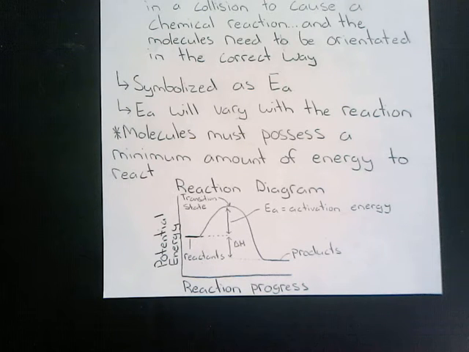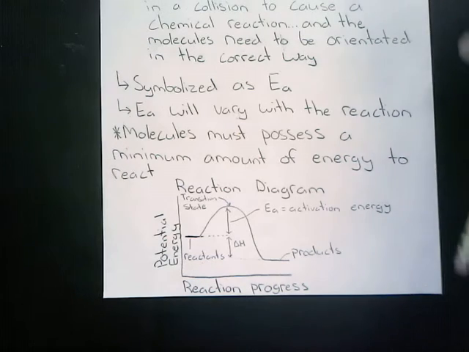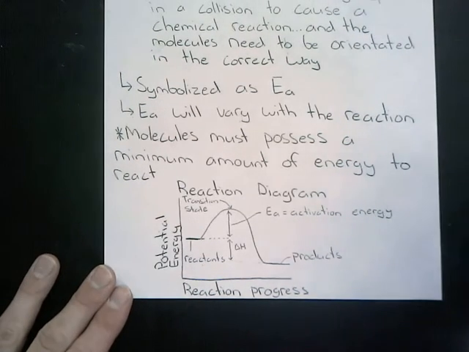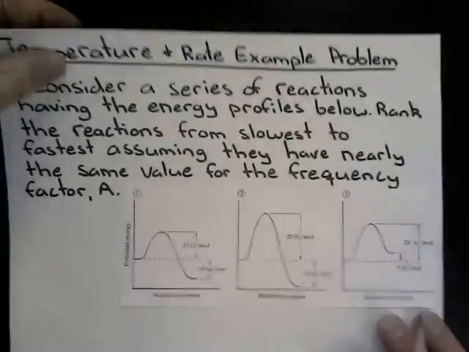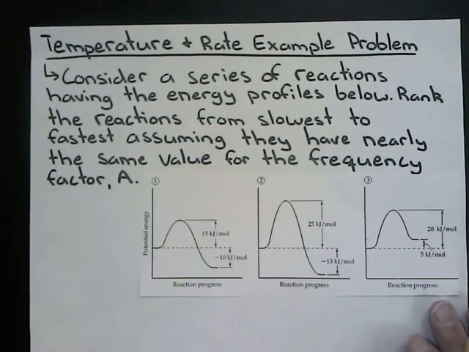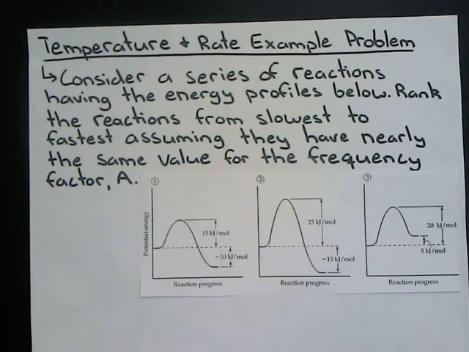Now let's go through an example and talk about what is happening with activation energy. Our example is this: we're going to look at these reaction diagrams, which show energy profiles, everything we've discussed here.